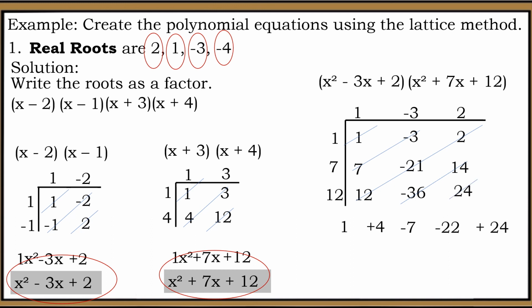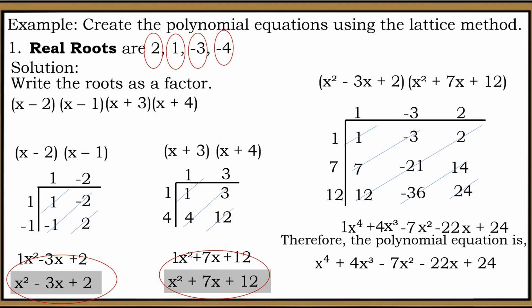Negative 7 is the numerical coefficient of x squared. 4 is the numerical coefficient of x cubed. And 1 is the numerical coefficient of x to the fourth. Therefore, the polynomial equation is x to the fourth plus 4x cubed minus 7x squared minus 22x plus 24.